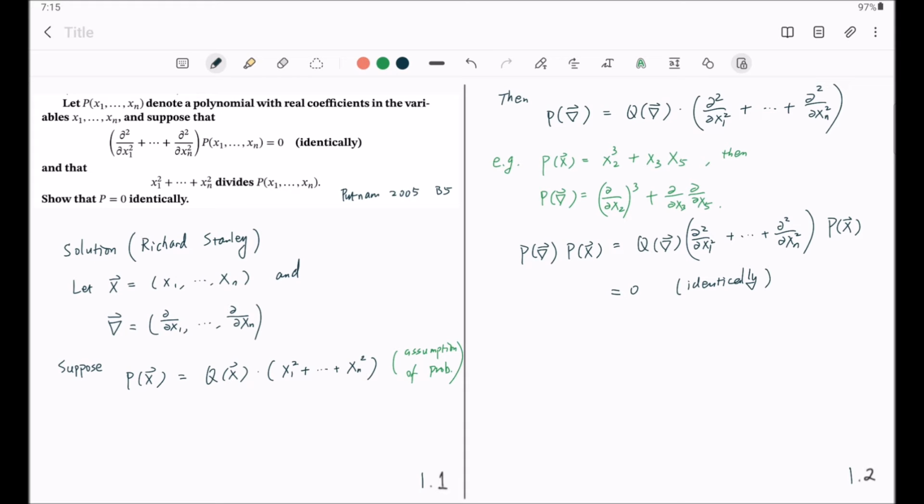To this end, we will let P of x have the following expression, where this alpha is a shorthand notation for the n array alpha 1 through alpha n, with each alpha sub i a non-negative integer.